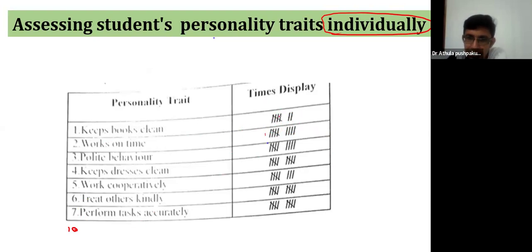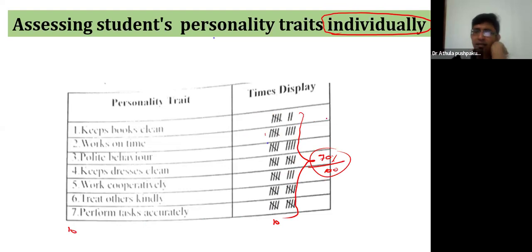And we allocate marks per trait: 10 multiplied by 10, how much? 100 now. 100 marks allocated. And finally, we get the summation of all these amounts. Assume the summation is 70. That means they earn 70 marks out of 100. Okay, individually, we can measure.